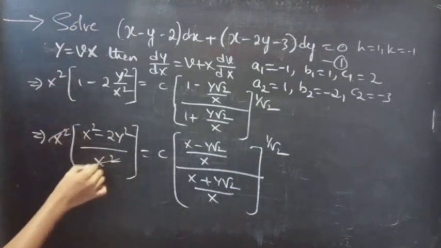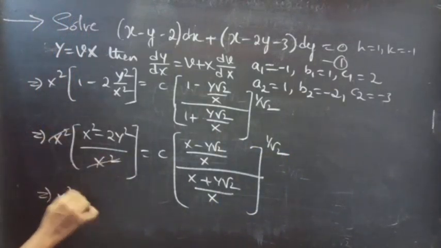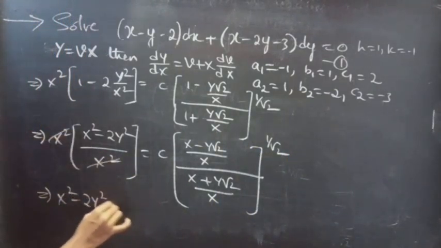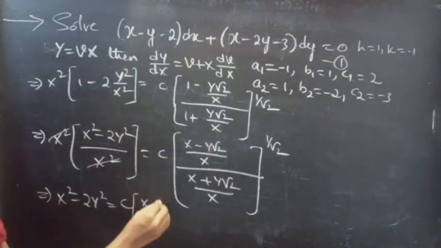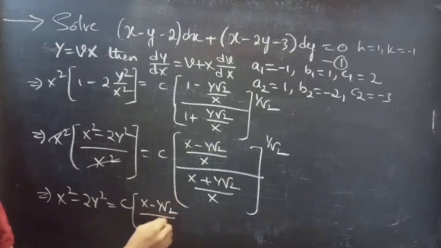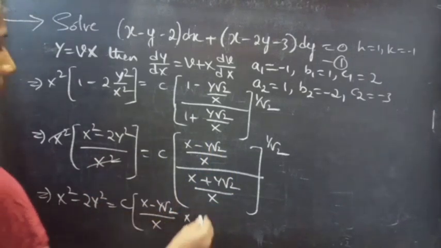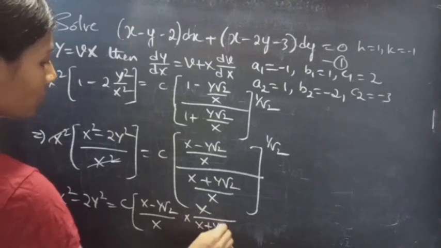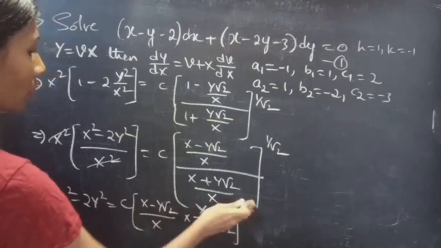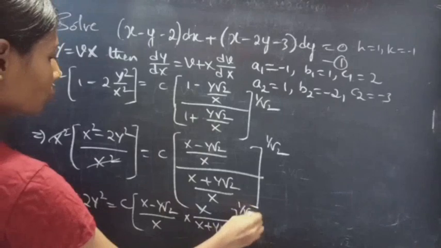Here x square gets cancelled, then x square minus 2y square equals c times, you can just write this as (x minus y root 2) by x into x by (x plus y root 2) for 1 by root 2.